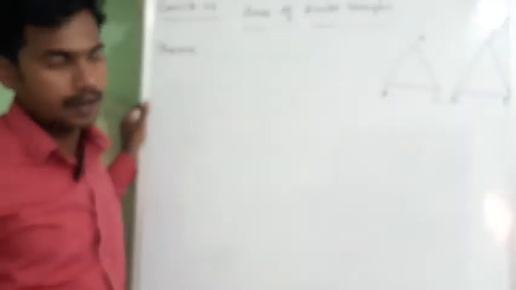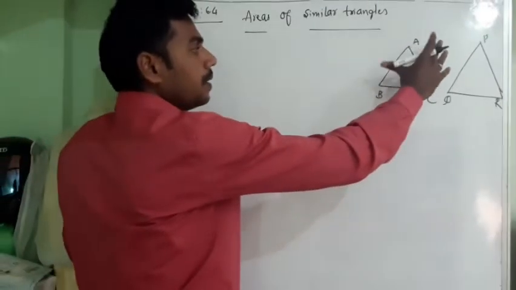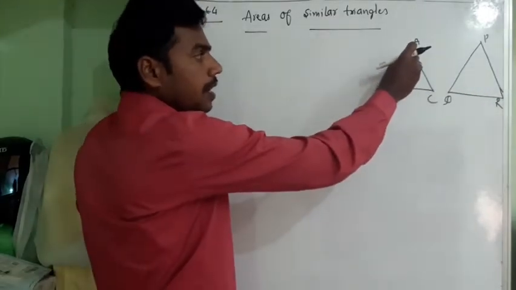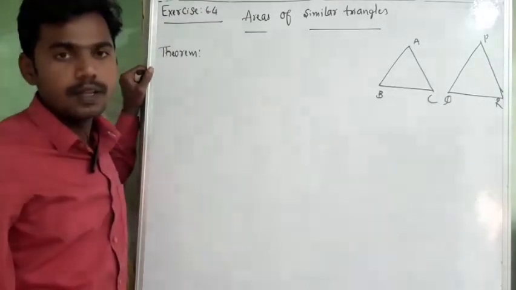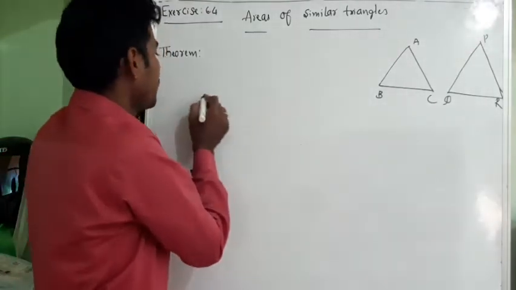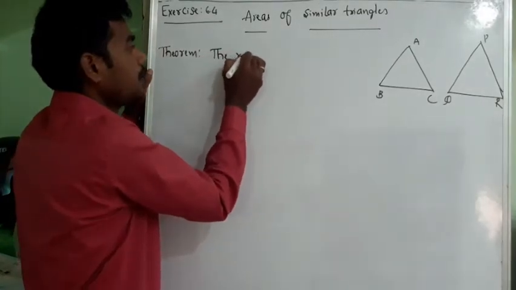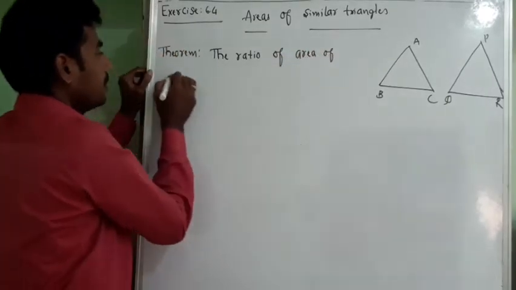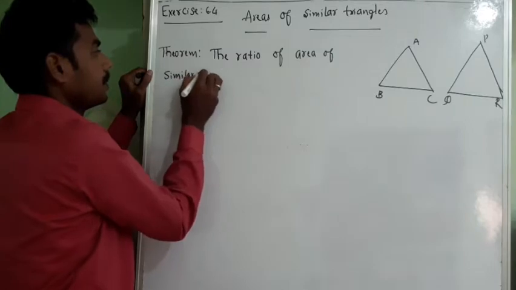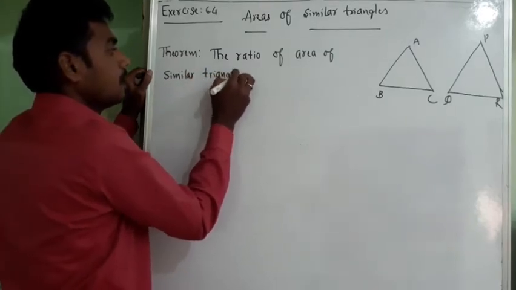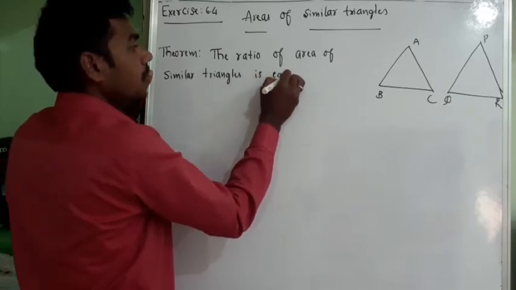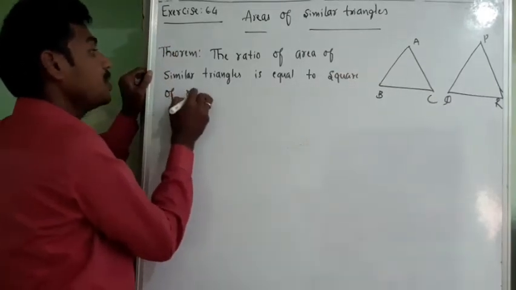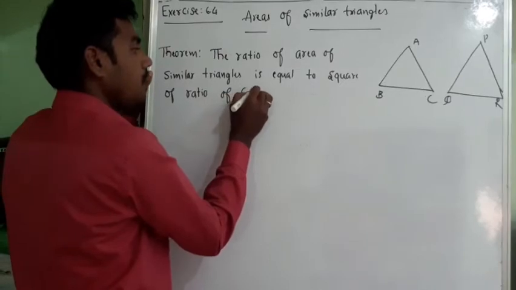If two triangles are similar, the ratio of areas of similar triangles is equal to the square of the ratio of corresponding sides.